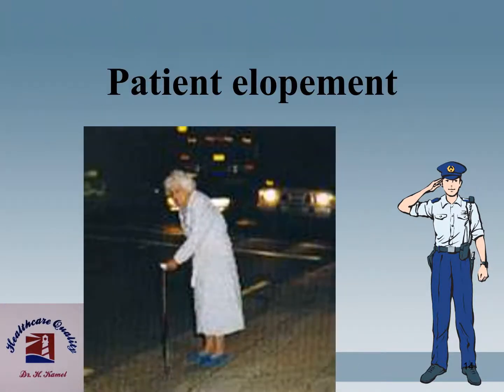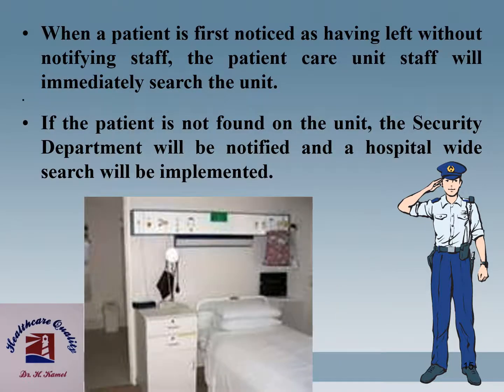Patient elopement. When a patient is first noticed as having left without notifying staff, the patient care unit staff will immediately search the unit. If the patient is not found on the unit, the security department will be notified and a hospital-wide search will be implemented.